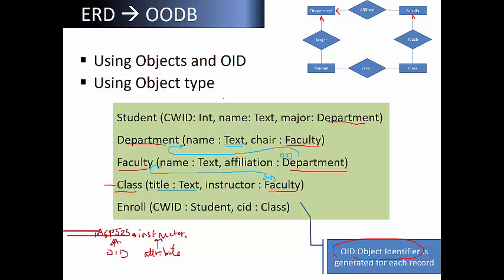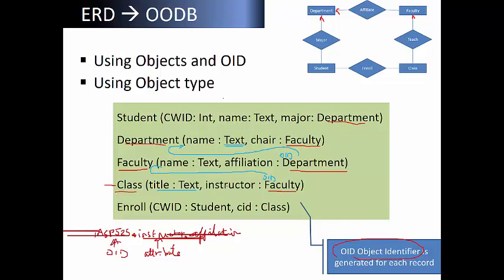That instructor, whatever that OID is, because that is nothing but faculty, so we simply say this instructor's affiliation. It's not really inheritance, but kind of.